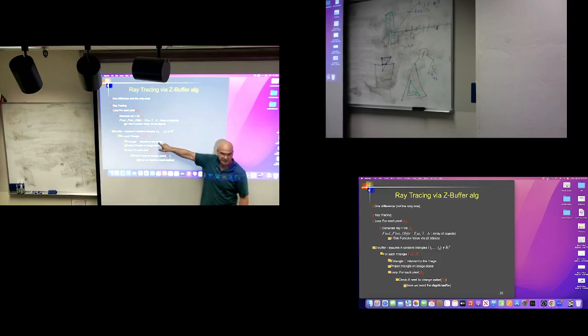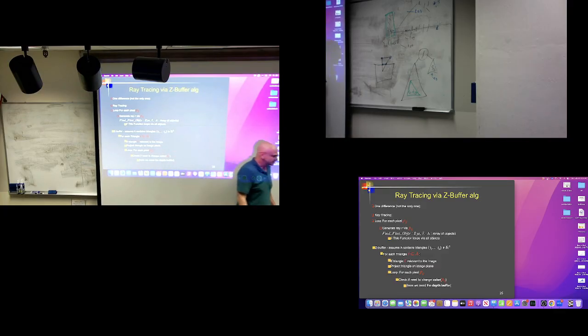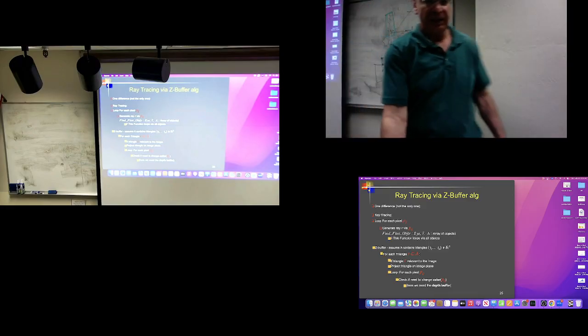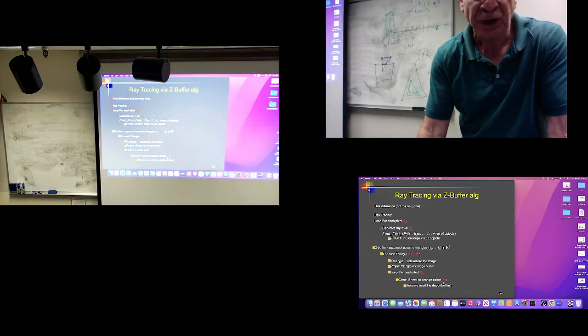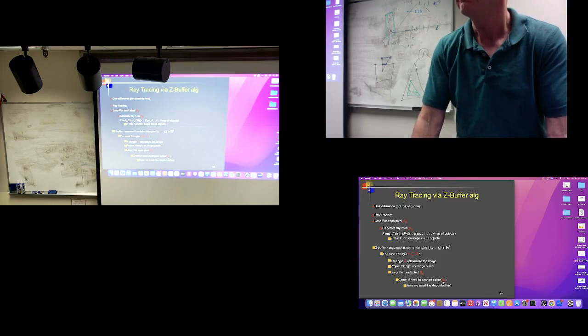Maybe this triangle is completely outside my view frustum. But if it is relevant, then project it on the image plane. And for every pixel Pij that is affected by this triangle, here is what is interesting: check if, because of this new triangle T, I need to change the color of Pij.